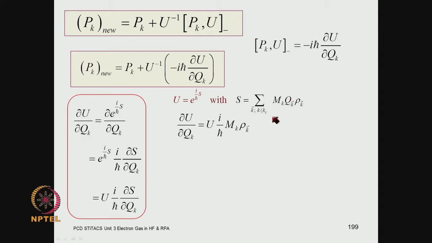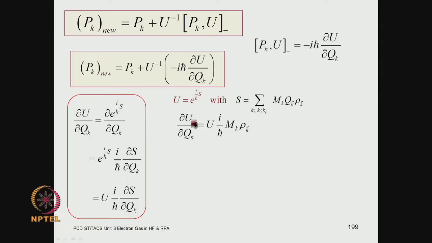What is this derivative with respect to Q_k? It is m_k ρ_k. Derivative of this summation with respect to Q_k will give you m_k ρ_k. So this is ∂U/∂Q_k, which is U i over ħ times ∂S/∂Q_k, which is now this m_k ρ_k.